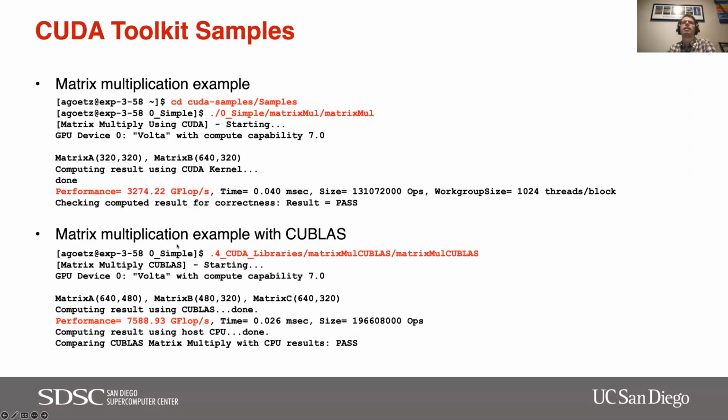Now, there's an example that uses the cuBLAS library. If you compile and run that, you'll see that you get very close to the peak floating point performance. That basically tells you, use the cuBLAS functions, for instance, if you can.